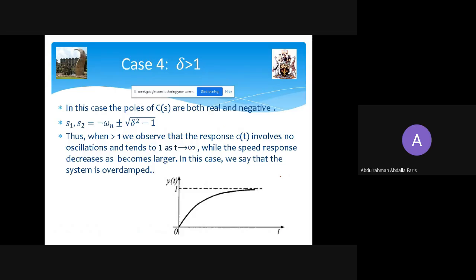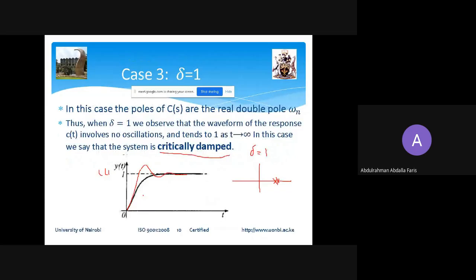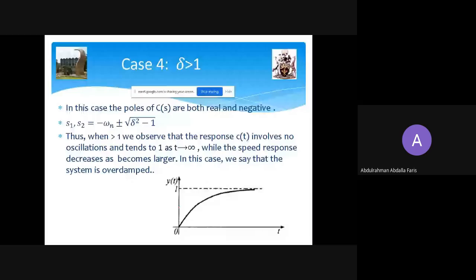Another case is when delta is greater than 1. When delta is greater than 1, it is similar to the critically damped case, but it takes much longer to reach the final value. You can see the critically damped response was here, and this is an overdamped response.